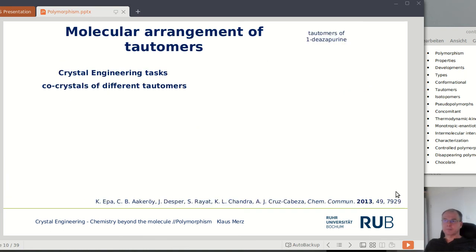Well, as I said, tautomers are in general interesting tasks in crystal engineering. And well, for example, you have a substance and the substance crystallizes as different tautomers.